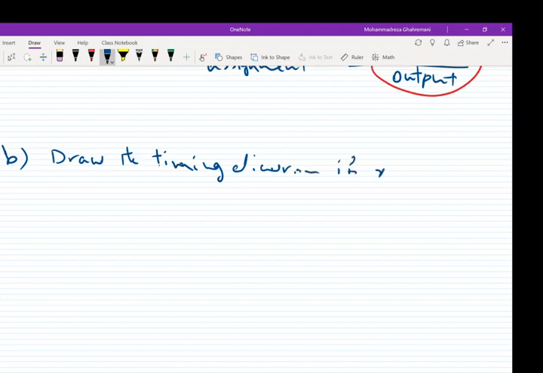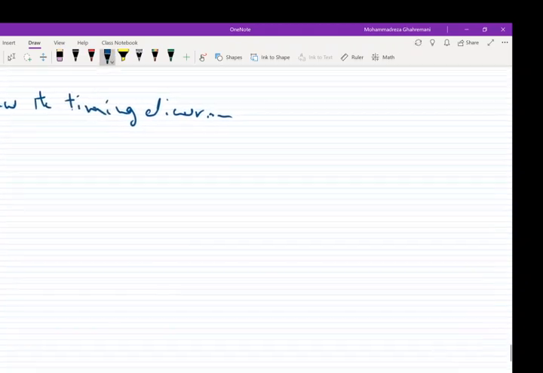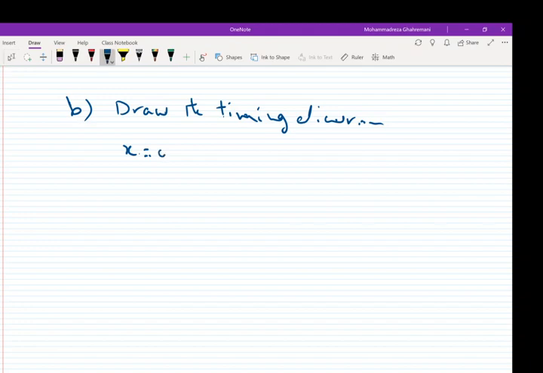if x is equal to 0. Oh, it's not working, the pen. Let me make sure. If x is equal to 0. Oh, I'm sorry, I don't know why it's not working. 0 1 1 1 1 0 0 in this direction.